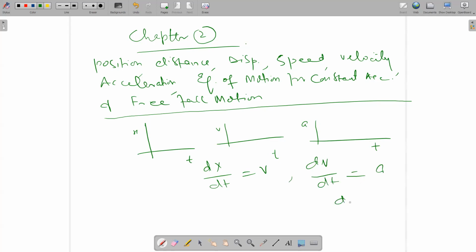If we find da over dt, this is called jerk, but we are not studying this one. So we are studying only these. Our focus today is on the graphical pictures and we will solve some problems. Let's see in the next page.